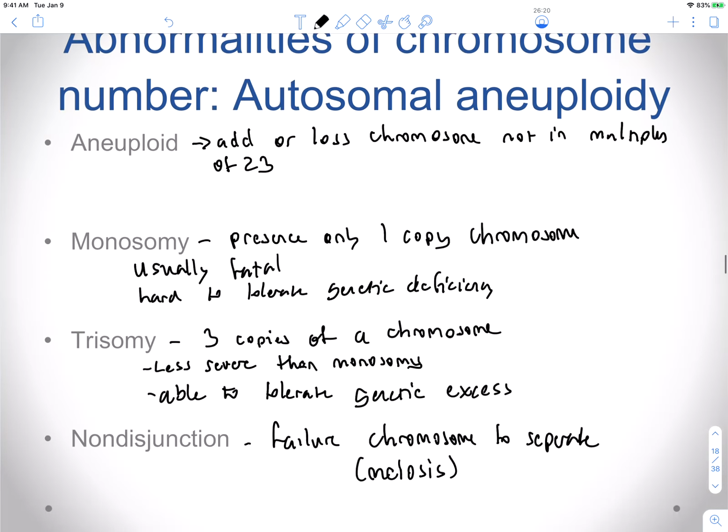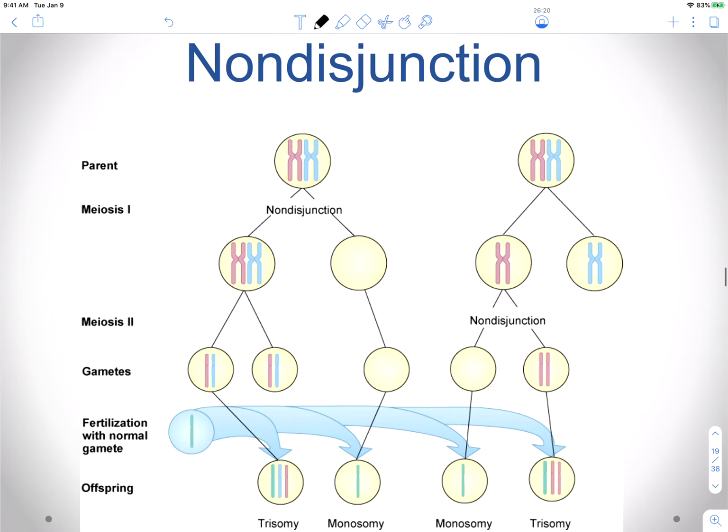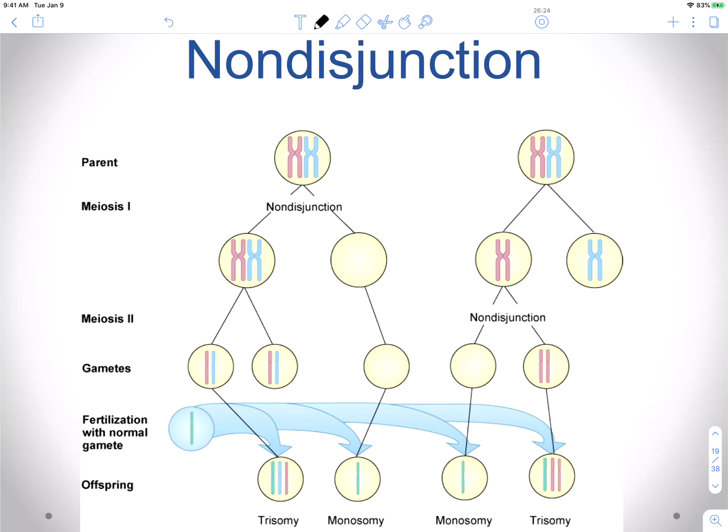Okay, so this is just a picture or a diagram of non-disjunction. So you have your parent, and your parent, of course, has the chromosomes. And then during non-disjunction of meiosis 1, those chromosomes do not separate. And so one gamete does not have a chromosome, and the other gamete gets 2 chromosomes.